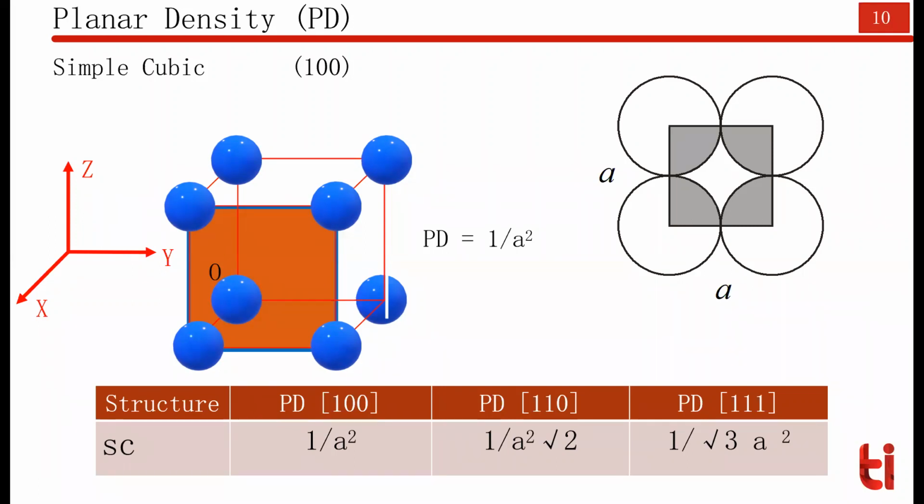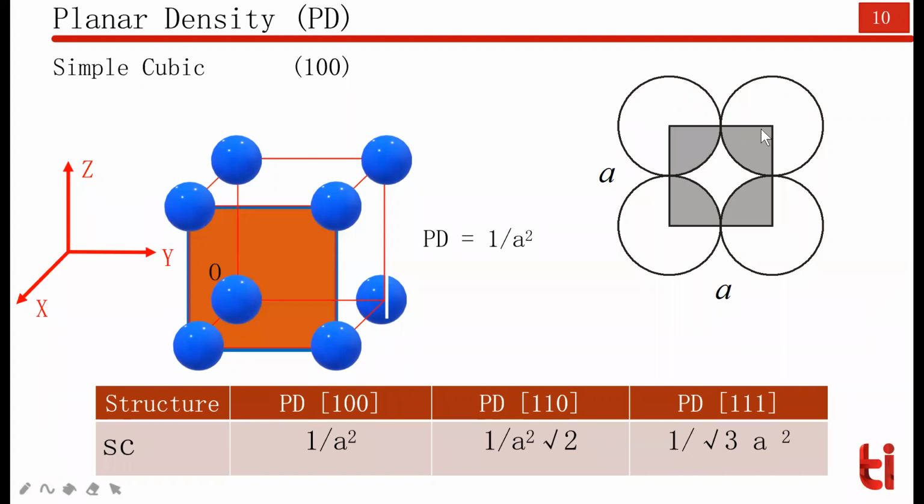Okay, so let's quickly review the planar density for the 100 plane for the simple cubic structure. The 100 plane marked here is the side face, where atoms sit only on its corners. If you compute the contribution of an atom to the plane, only 1/4 of the atom lies on the plane.